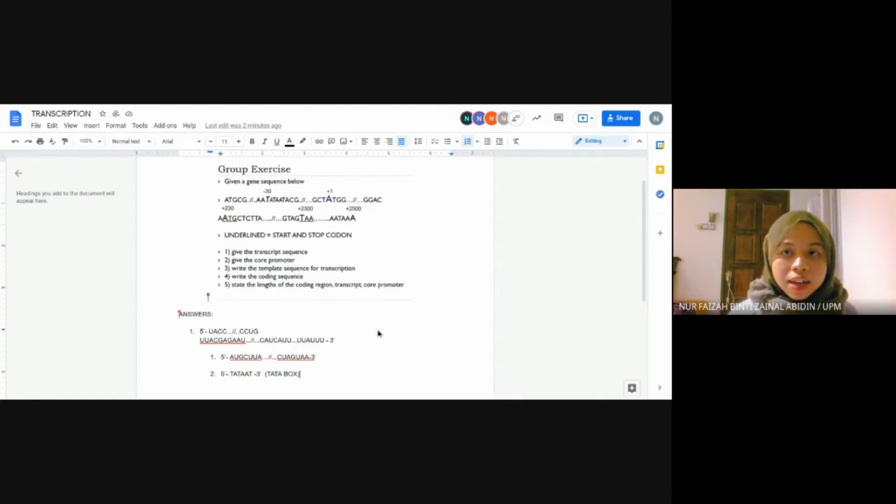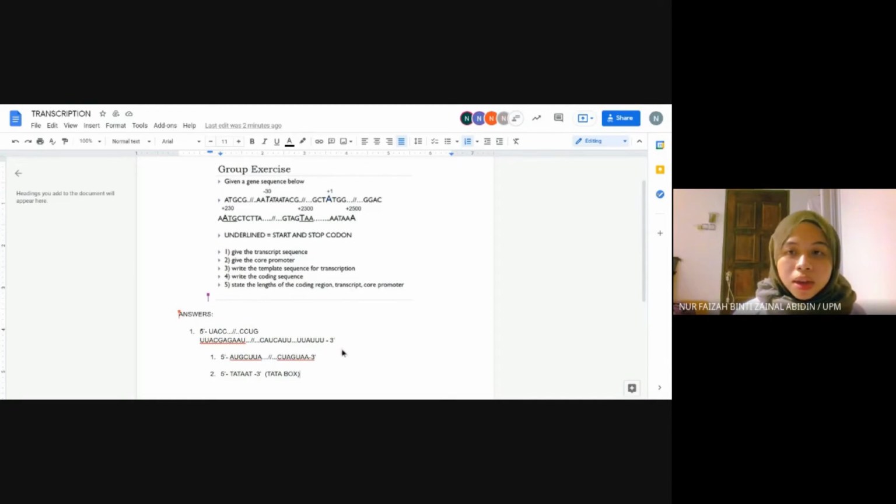As I mentioned before, the template sequence here is the complementary of the coding strand. So this one is the coding, and for the template sequence, we have to find the complementary for +1 until +2500.